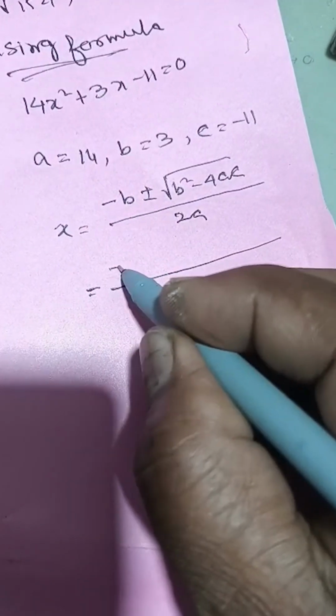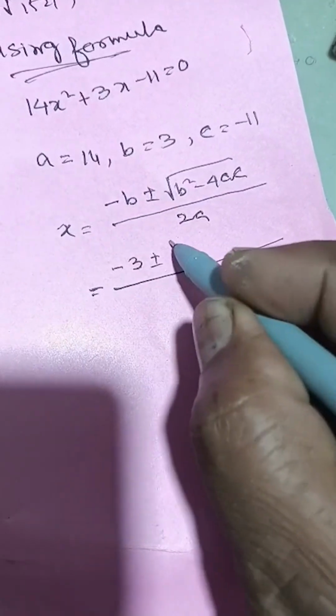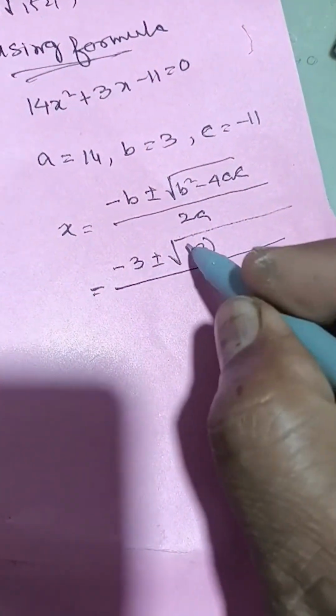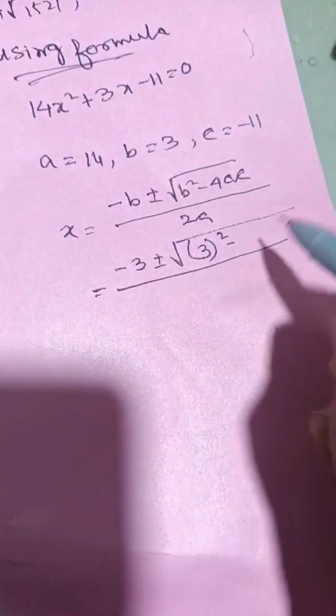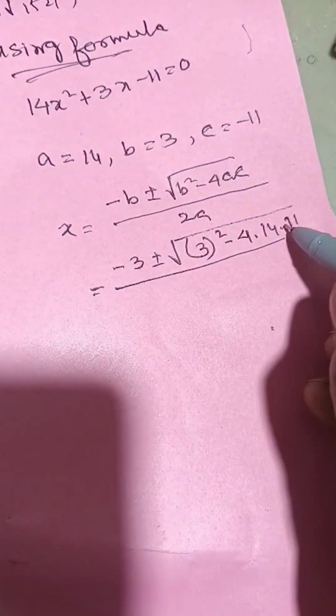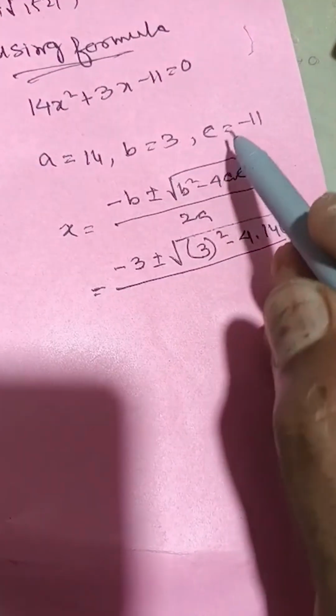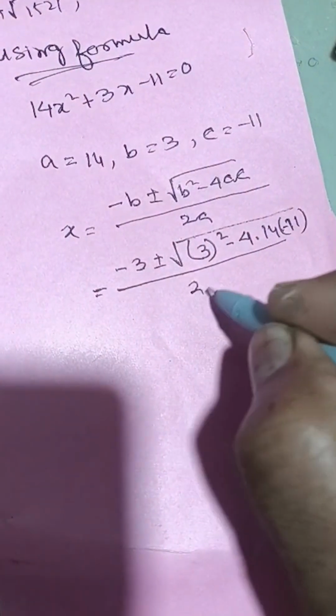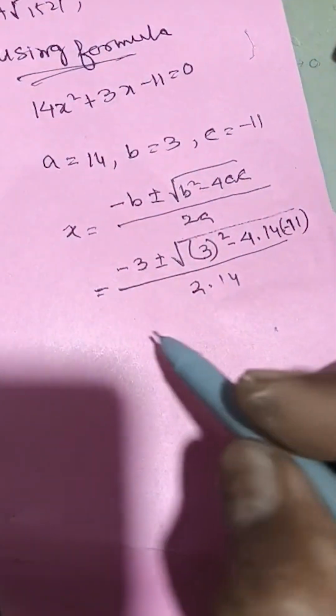You write minus b plus minus, then you keep the root sign. Then you write b square, means 3 square, minus 4ac. 4 is 4, a is 14 and c is minus 11. You keep it in bracket. Divided by twice a. Twice a means 2 into 14.